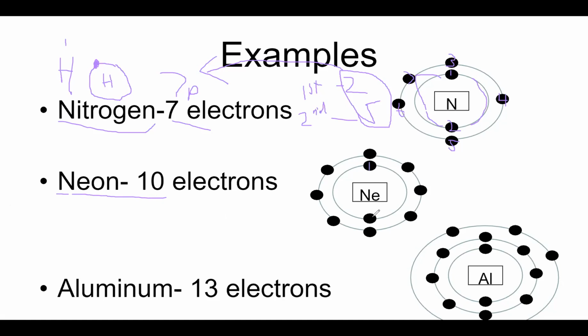We've got 1, 2, just like we talked about, but we still have a lot of electrons left over. We need to count up to 10. So electrons 3, 4, 5, 6, 7, 8, 9, and 10 go on our second shell here.